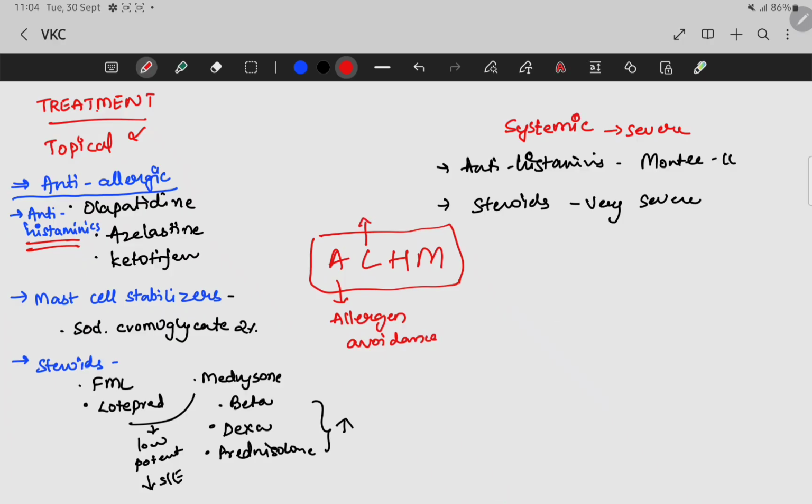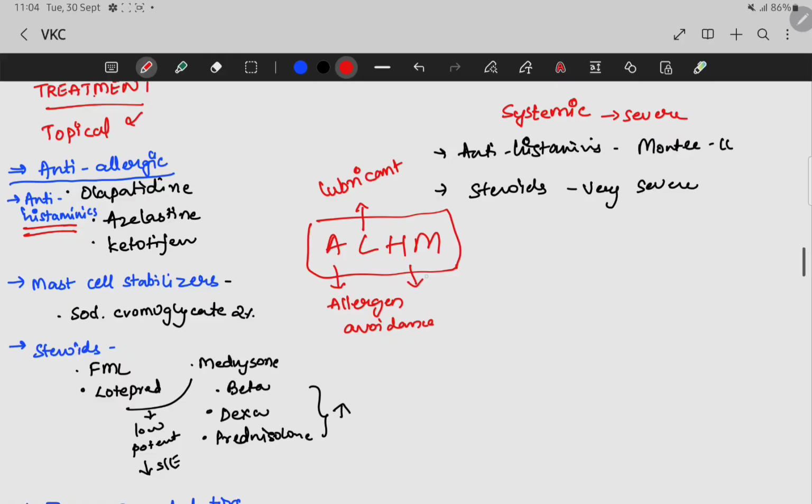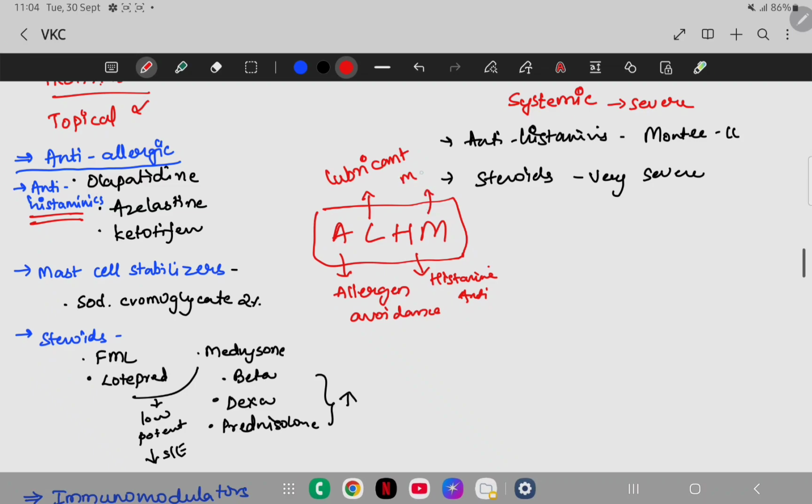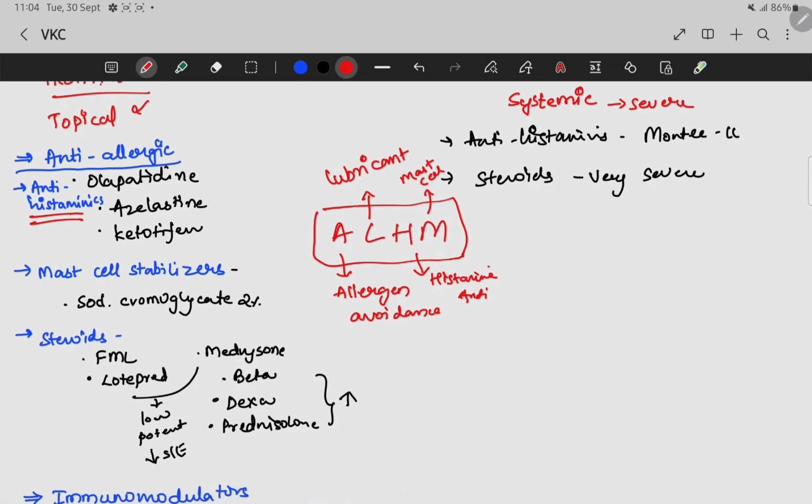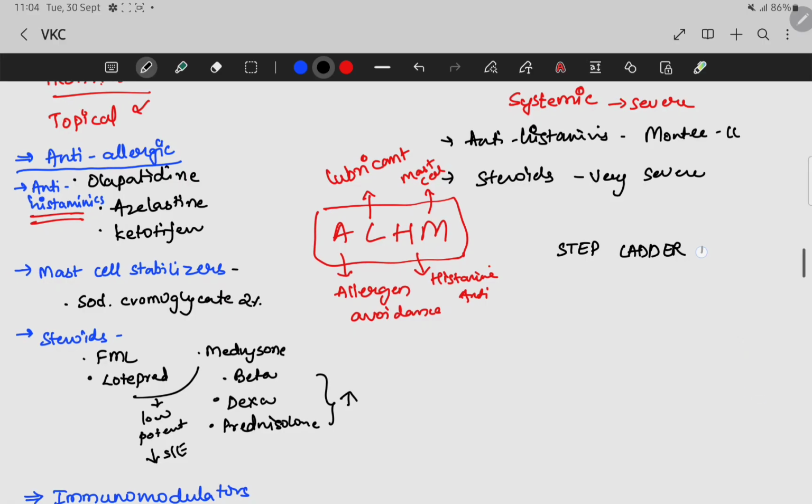The step ladder approach for treatment according to grading includes, for mild cases, just ALHM is enough. That's according to the Bonini et al classification. For mild cases we do this ALHM protocol.